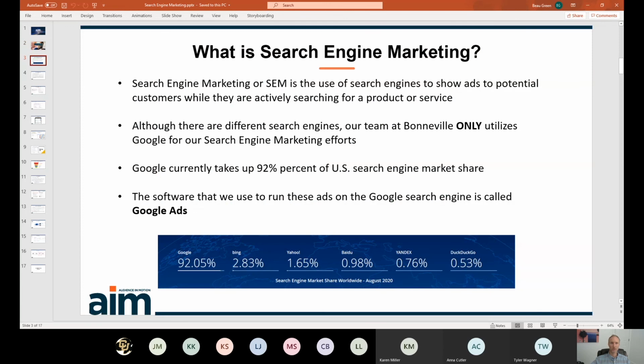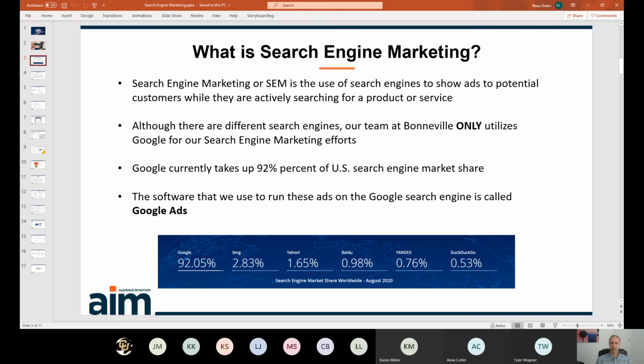So what is search engine marketing? Search engine marketing is the use of search engines to show ads to potential customers while they are actively searching for a product or service. Although there are a lot of different search engines out there, at Bonneville we only utilize Google for our search engine marketing.